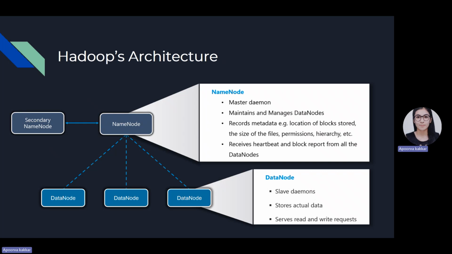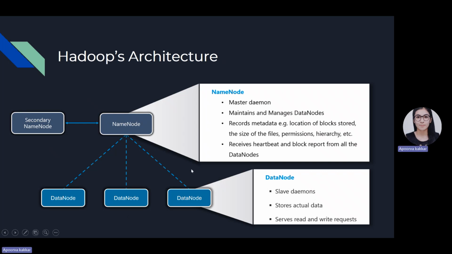Metadata is data about data, for example the address of the data, the hierarchy, permissions, size of the files, etc. The name node receives heartbeats from the data nodes, which suggest that the data node is alive at the current time. If it is not receiving the heartbeat, then it means that the data node is suffering from some problem, or is dead, or there is some issue with it.